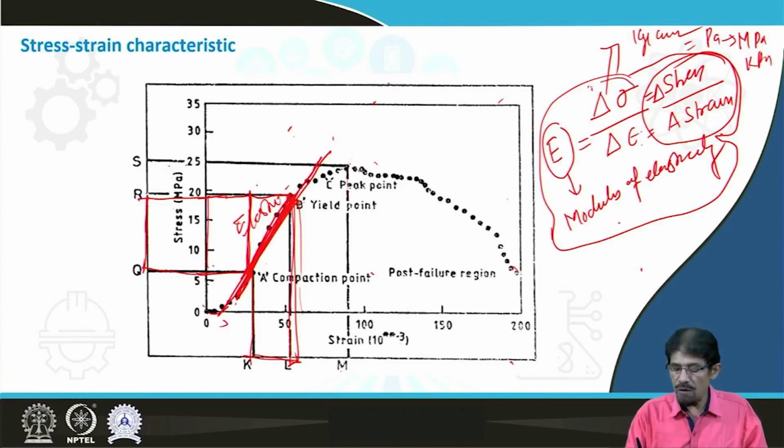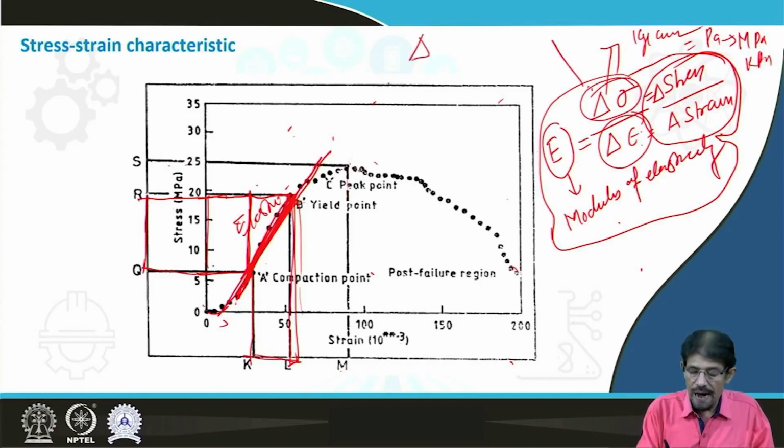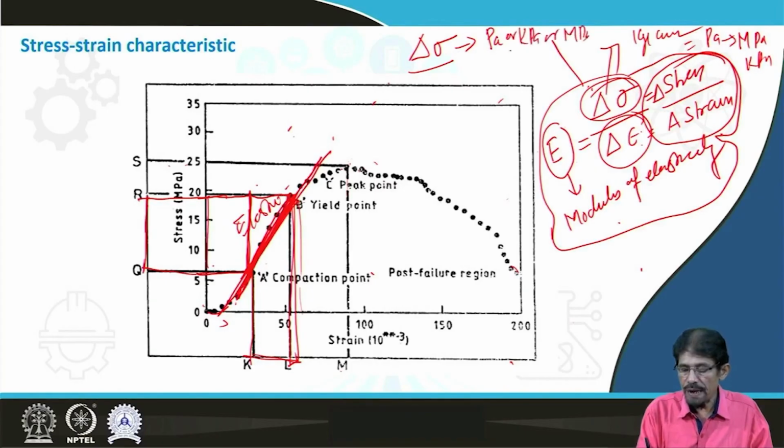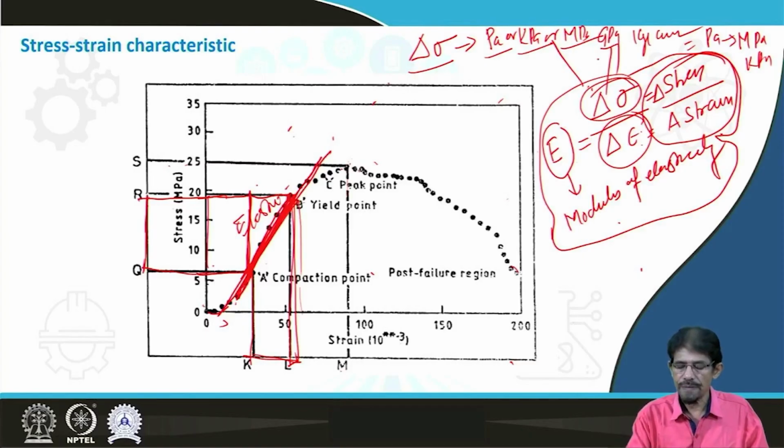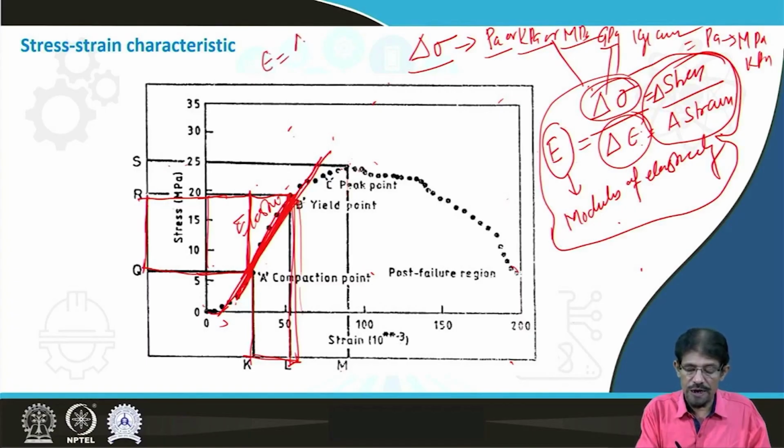So if we are going to see here these two, this delta sigma or the stress is represented by Pa or kPa or MPa, Pascal, kilopascal or megapascal or gigapascal, and as per our earlier discussion, the strain is a change in length by total length.